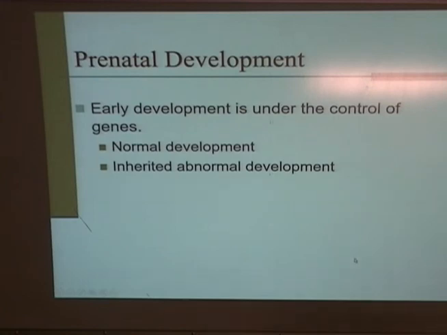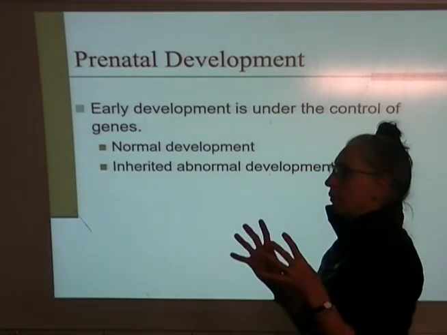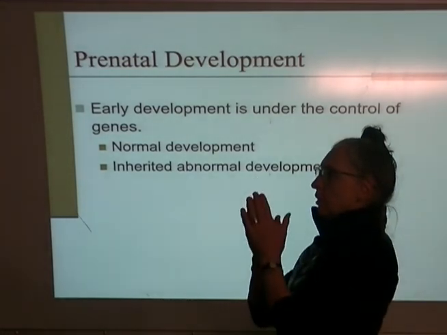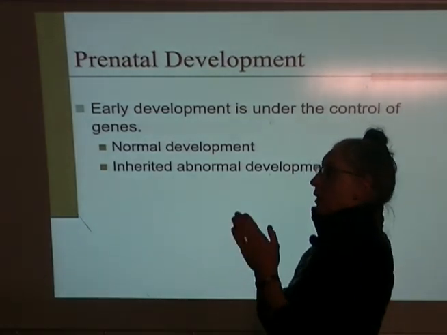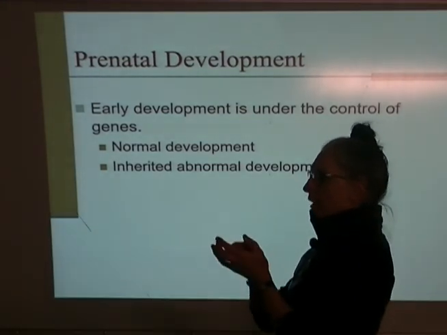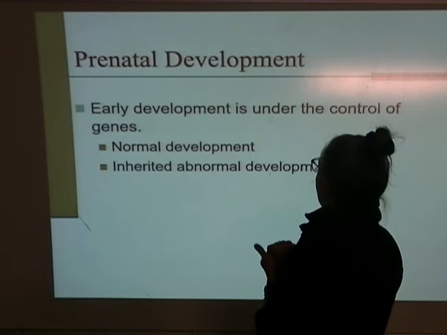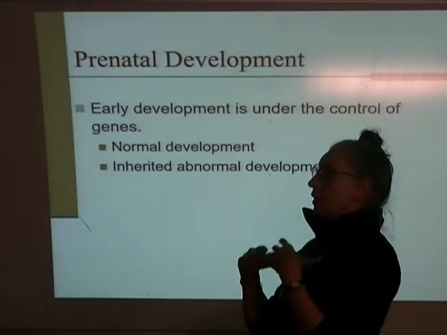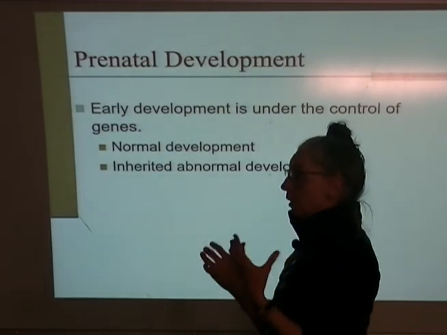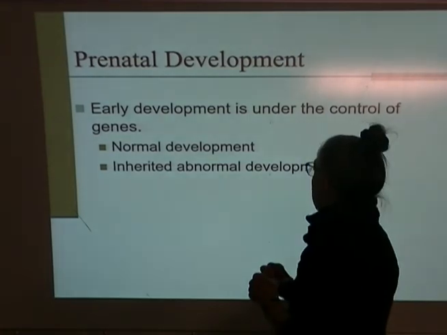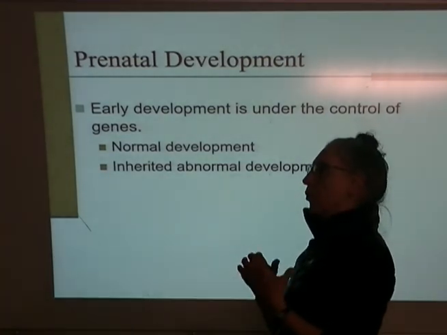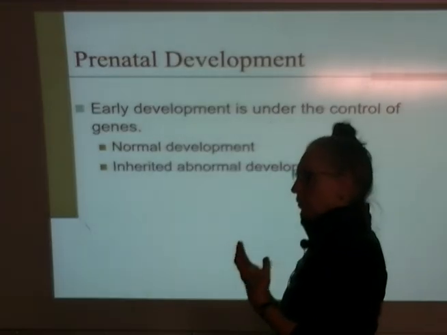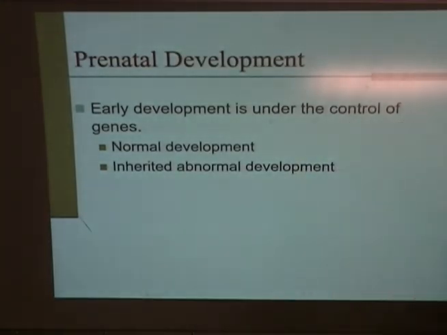Okay, so prenatal, right? The very early development that we see in the embryo is all genetically hardwired, right? And so hopefully that is typical normal development, but there could be some inherited problems that create abnormal, atypical development in the embryo.